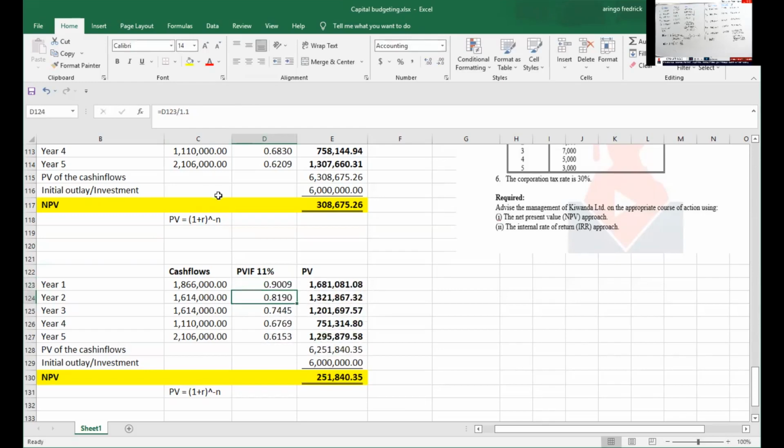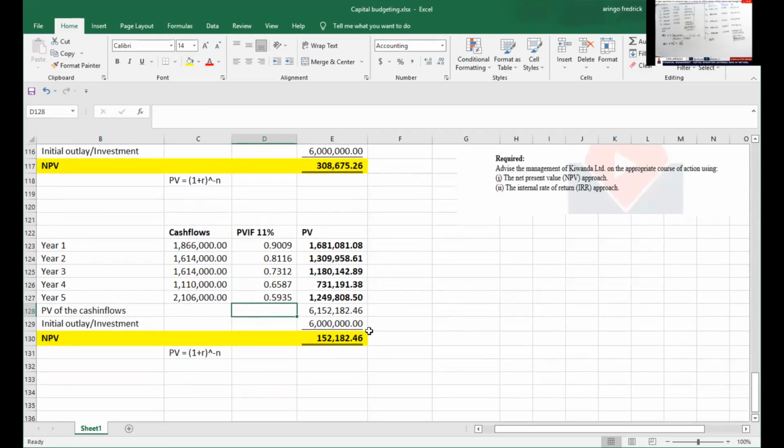So to give us our value there, divide by 1.1, divide by 1.1, divide by 1.1, divide by 1.1. So basically, that is the data that we have, and if you look at our board clearly, we'll be having the same figure.